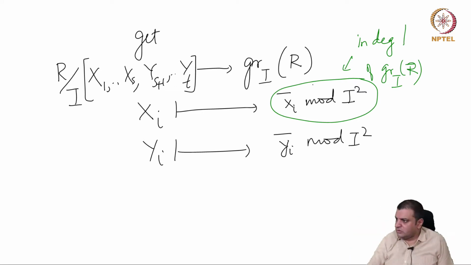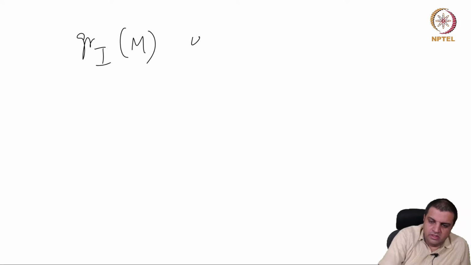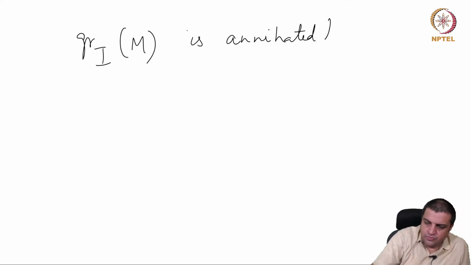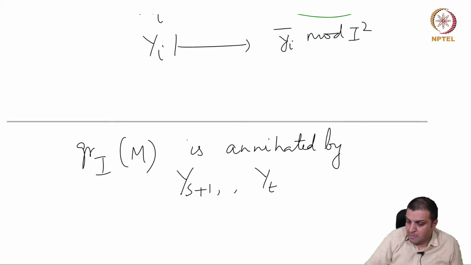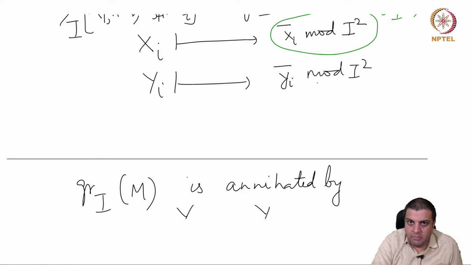Therefore, the associated graded module of M is annihilated by Y(s+1) through Yt, because if you take an element in this, it is the residue class of some element of the module, on which capital Yi acts as yi bar.